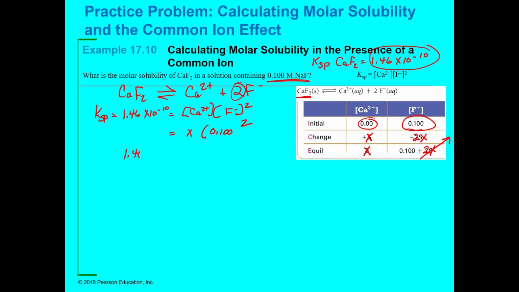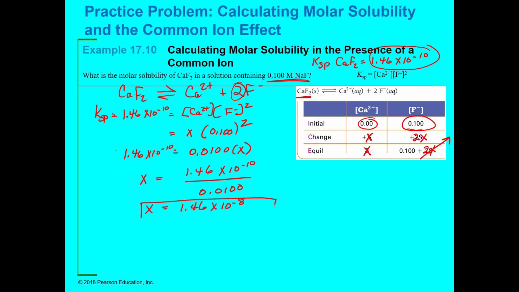So 1.46 times 10 to the minus 10 is equal to 0.0100 x. So x is equal to 1.46 times 10 to the minus 10 divided by 0.0100. So x is equal to 1.46 times 10 to the minus 8.